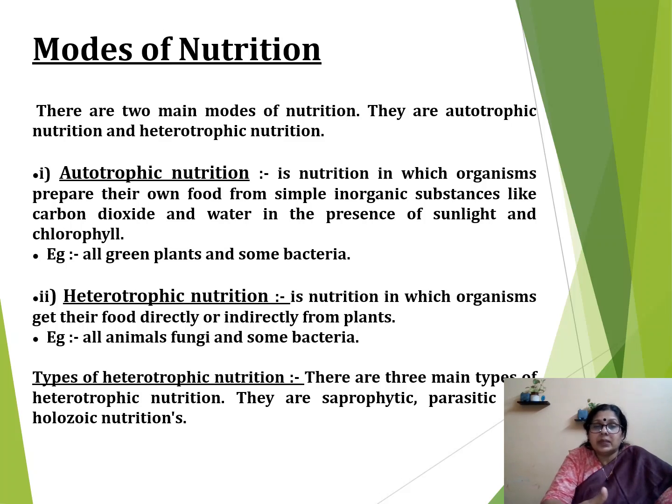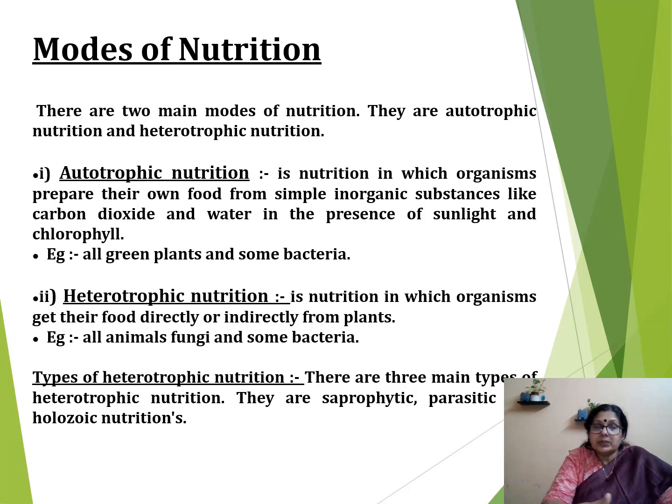Nutrition is divided into autotrophic and heterotrophic modes of nutrition. What is meant by autotrophic nutrition? In autotrophic nutrition, organisms can prepare their own food by themselves. And it is possible only for plants and some green bacteria.